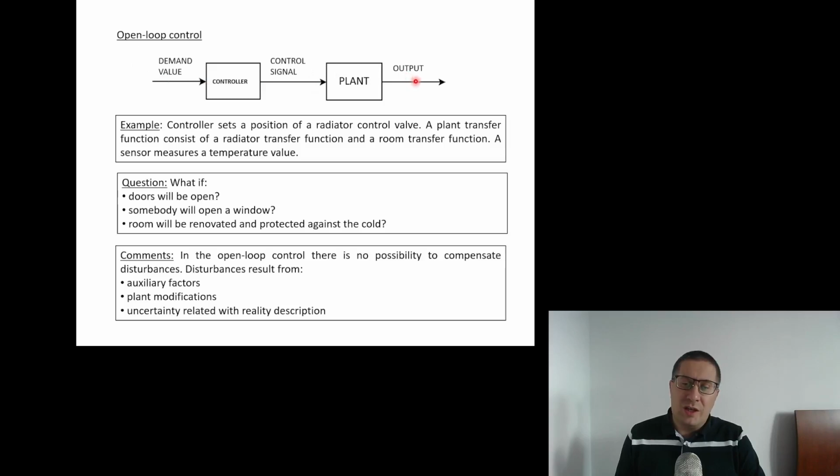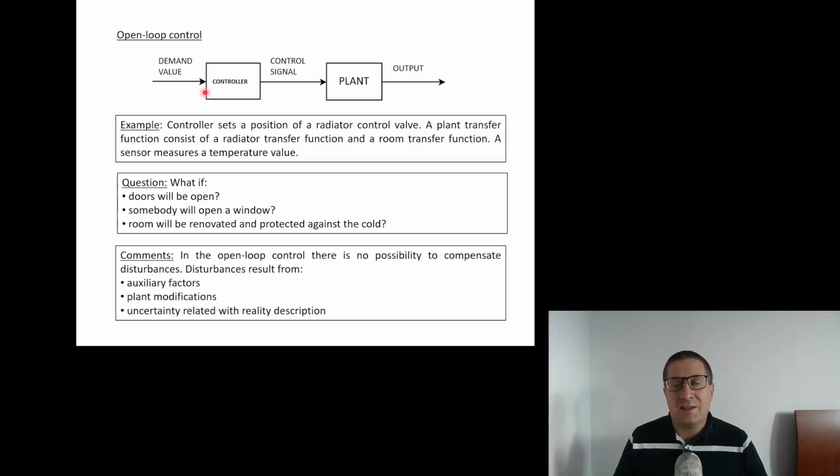We should inform the controller what is the current value of the output, what is, let's say, the current temperature in this room, measured in the sensor that I have in my hand, let's say. So the controller knows if it's too high in comparison to the demand value or too low.